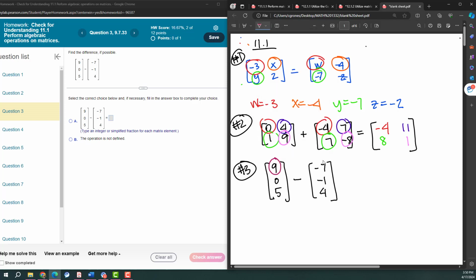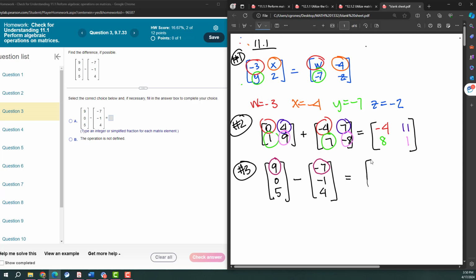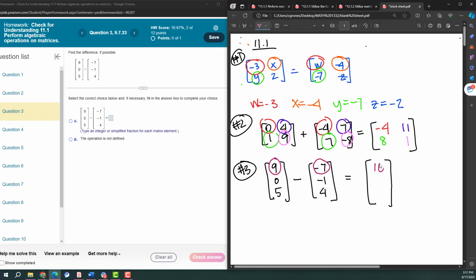We're going to subtract the numbers that are in the same position. So I've got 9 minus -7. We have a double negative, and that's going to become positive. So 9 plus 7 gives us 16.